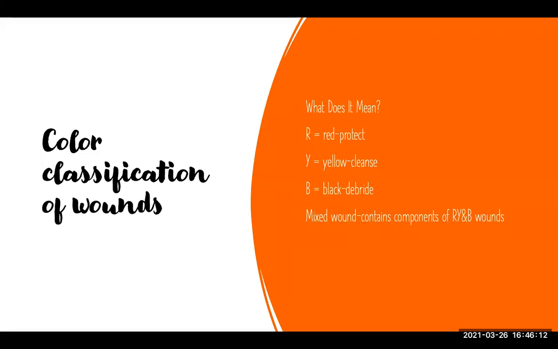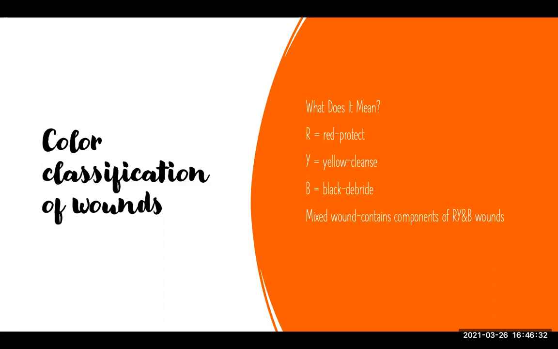Color classification of wounds is a way of helping you approach what we need to do first when we look at a wound as far as taking care of it. If we see a red wound base, that generally indicates granulation tissue, and we want to protect it.